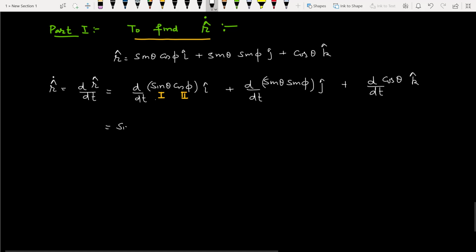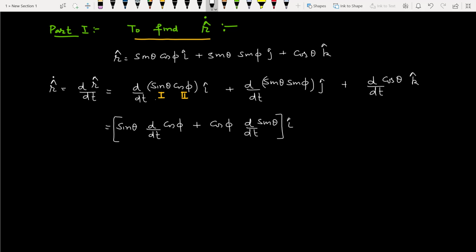First function as such, derivative of second function as such, derivative of first. Similarly, first function as such, derivative of second function as such, derivative of first.